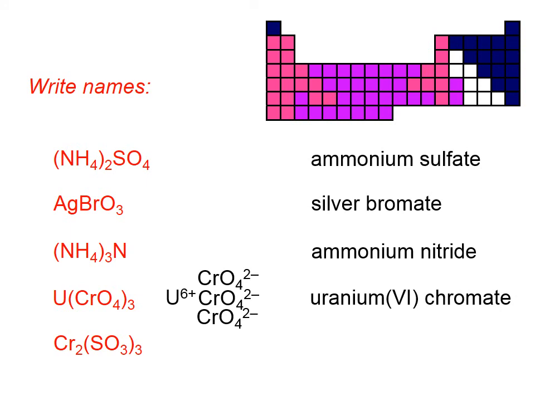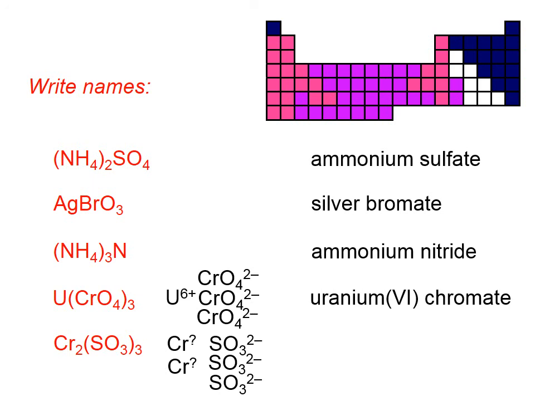Similarly, for this last example, we have chromium, which is element 24. Chromium is right in here somewhere. So it is a variable charge cation. So when we write the name, we need a Roman numeral that tells what charge those ions have. I'm showing my work here. I'm trying to walk you through my thought process. We've got SO3 ions, which would be called the sulfite ion, because sulfate, that's the most common one, is SO4 2-.